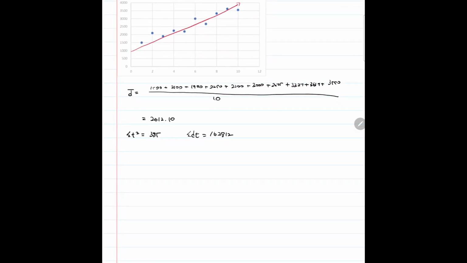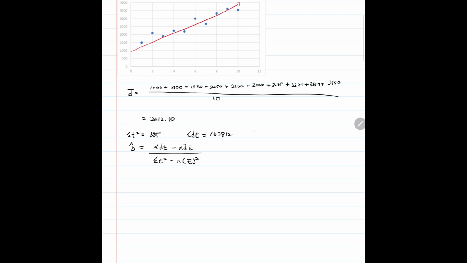Okay, first thing we need is b hat. That's sum of dt minus n times d bar times t bar, divided by sum of t square minus n times t bar square.